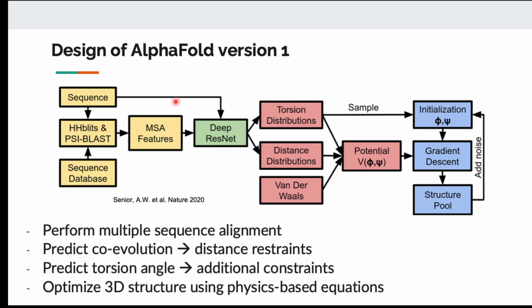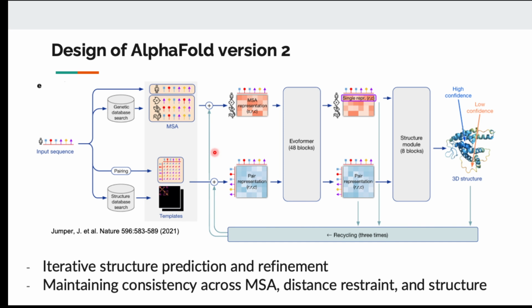Compared to AlphaFold version 1, once you perform the multiple sequence alignment, like this is the bioinformatics part in yellow, AlphaFold version 1 takes the multiple sequence alignment and then just uses it. But in AlphaFold version 2, multiple sequence alignment is maintained inside the model the entire way.